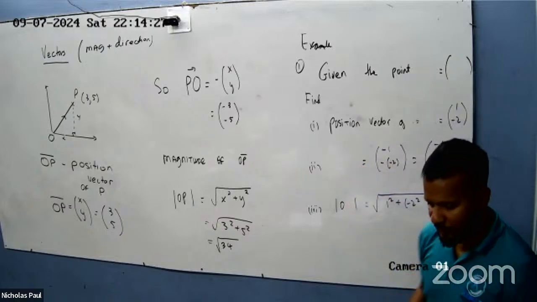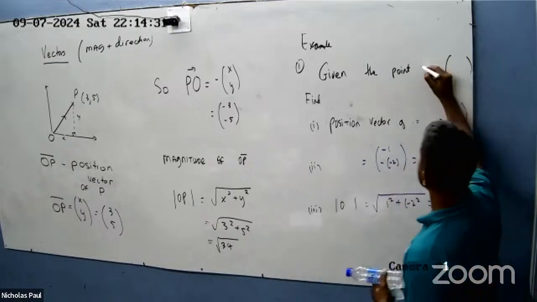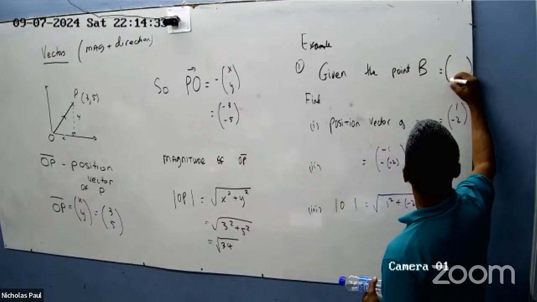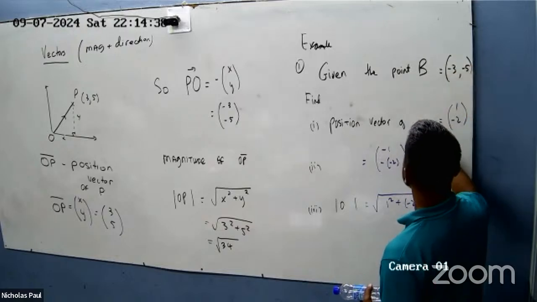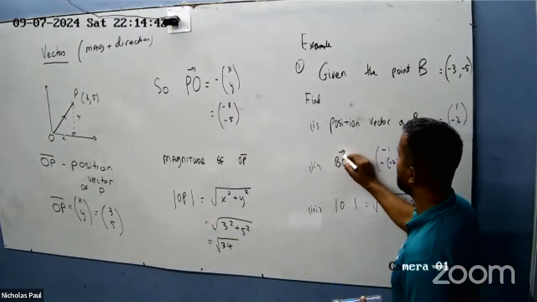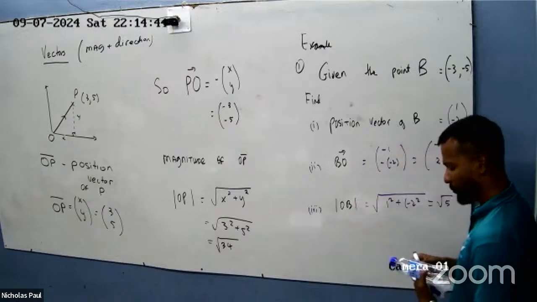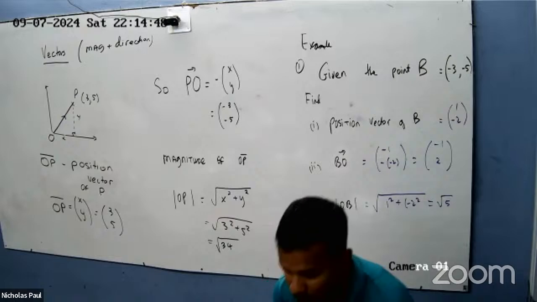Right? Changing the point. Let's say the point is B and the point is minus 3, minus 5. Find the position vector B, find BO, and find OB. Right?